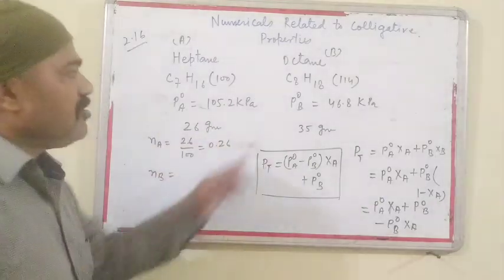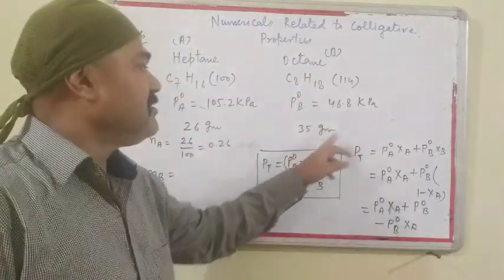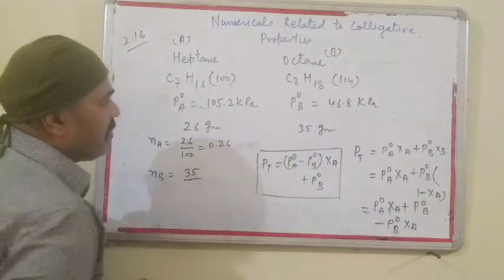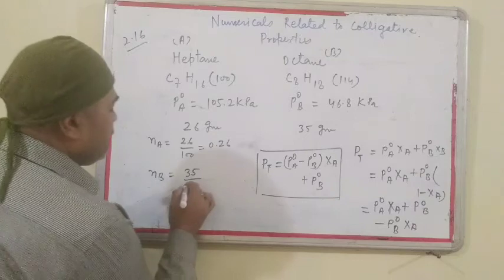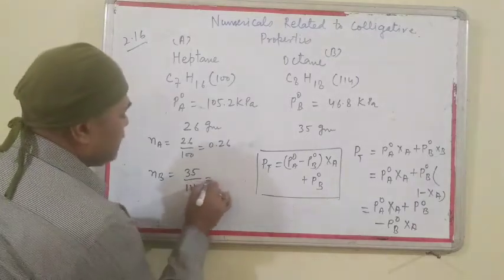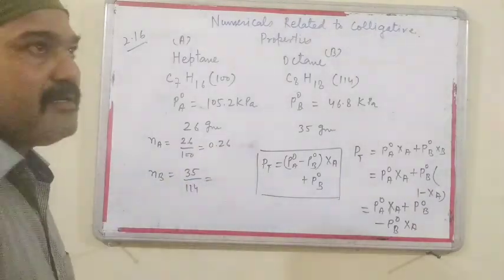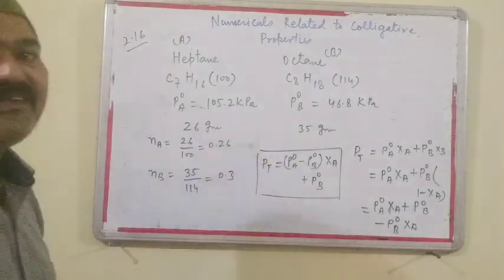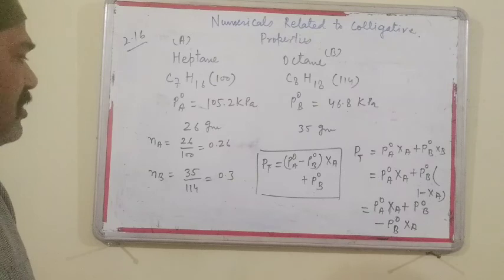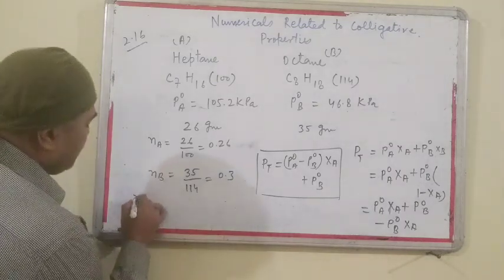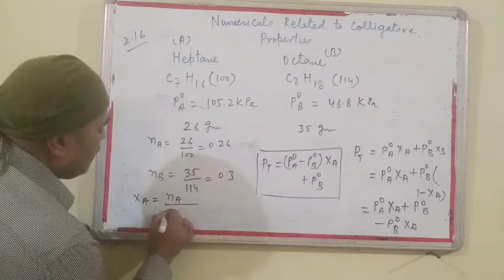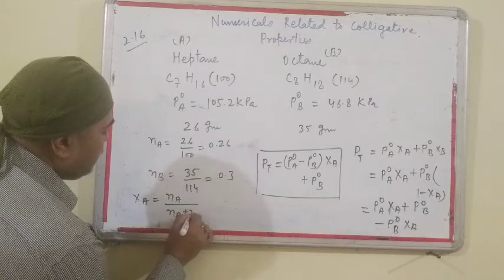NB, the number of moles of octane, is the given mass 35 gram divided by its molar mass 114, which is around 0.3. So XA is equal to NA upon NA plus NB.